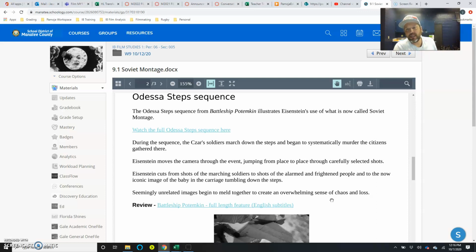Because what he does is he shows these images like I talked about last week. And these images, when they're juxtaposed next to one another, cause the audience to think something because they establish a relationship between those two things and connect them in some way.